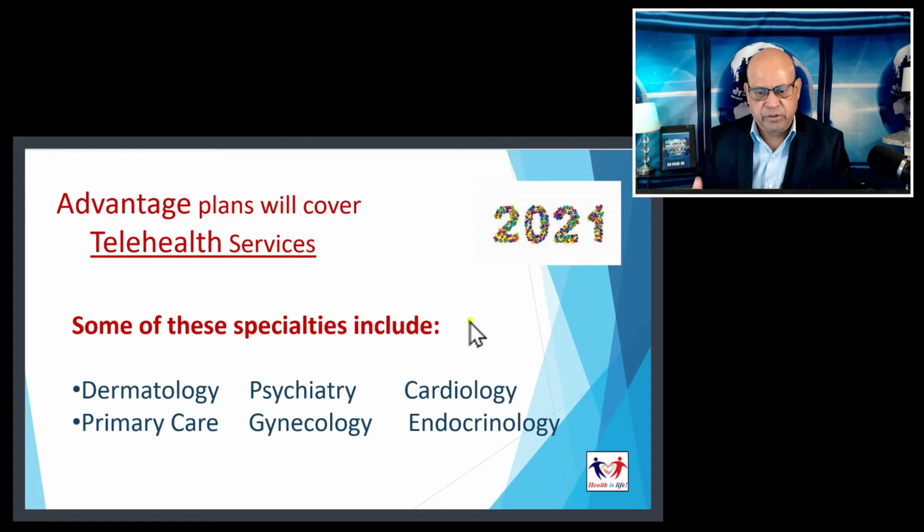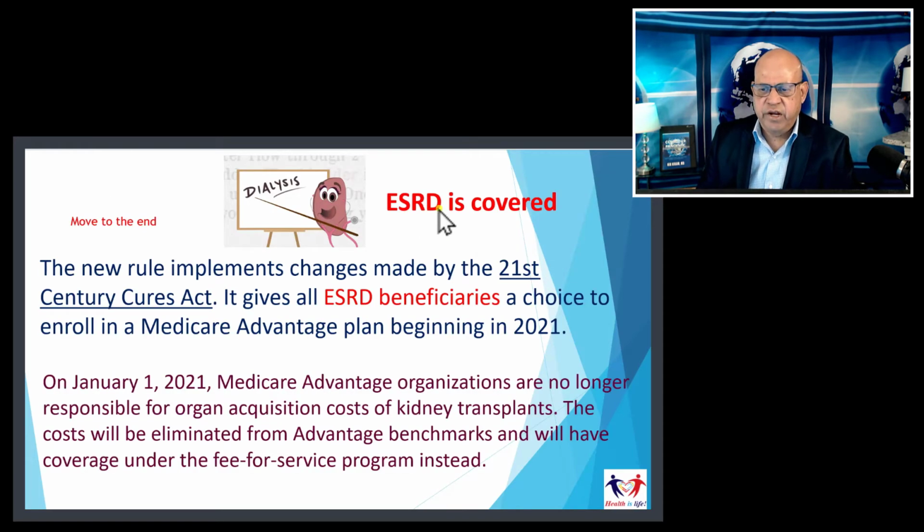Let's talk a little bit about end-stage renal disease. As you know, most patients with end-stage renal disease, whether they're on dialysis or not, are on Medicare. If someone has end-stage renal disease and has been on dialysis for like 4 or 5 months, they automatically become eligible for Medicare.